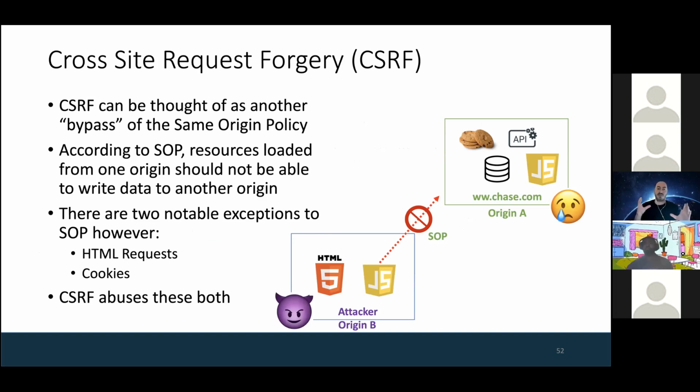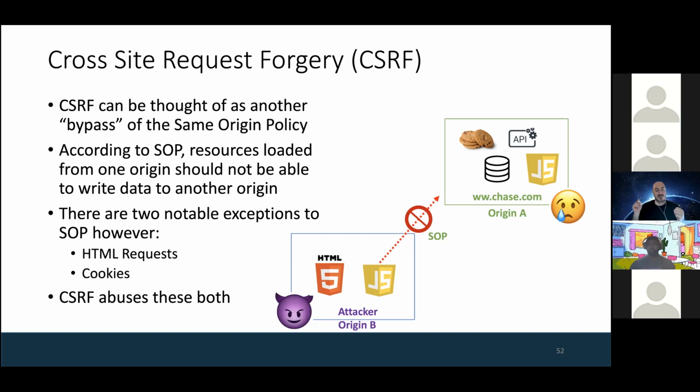Same basic concept, same origin policy, protects origin. CSRF, or cross-site request forgery, is basically a way to bypass it, but to get the user to bypass it for you.